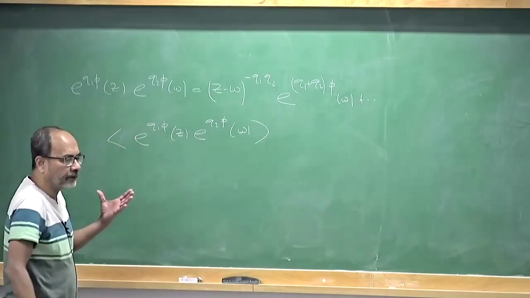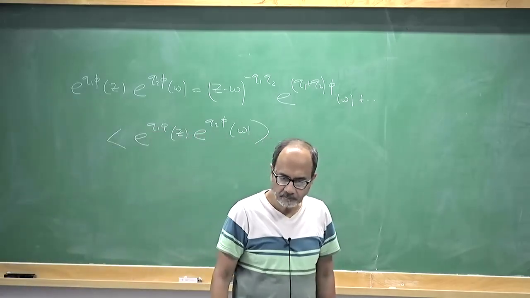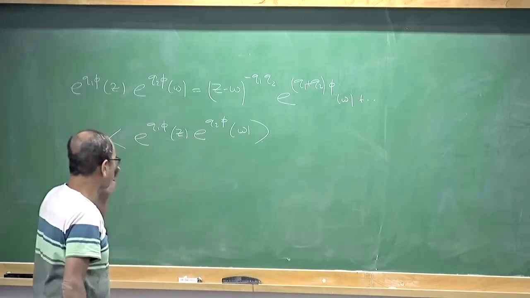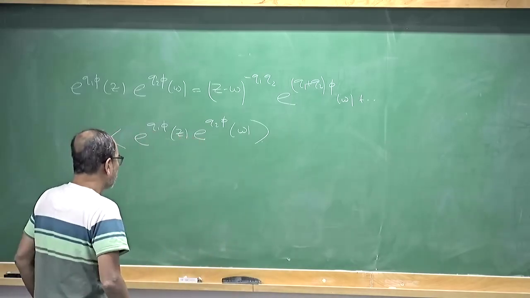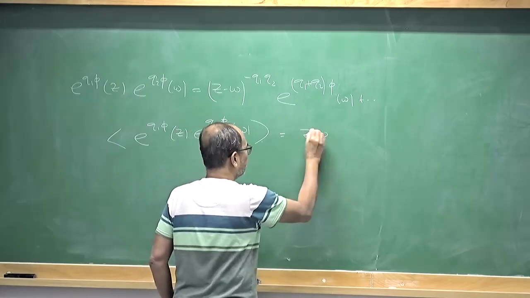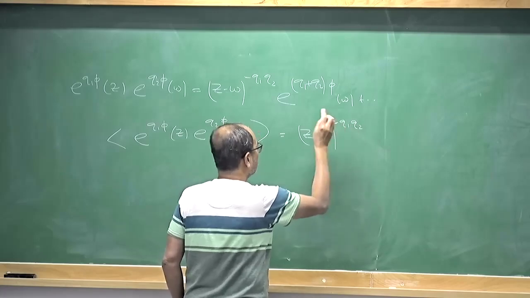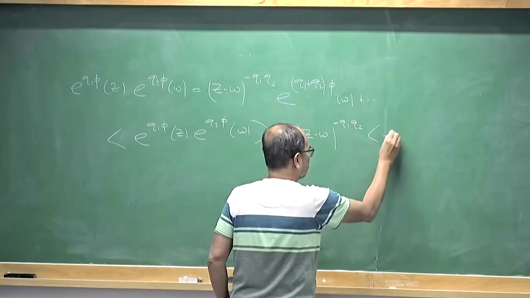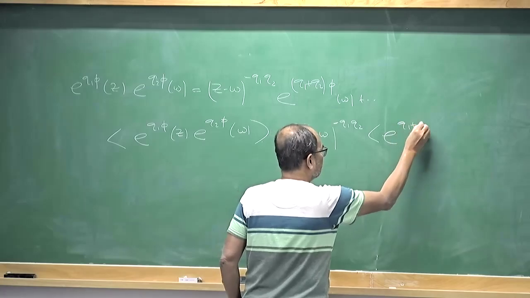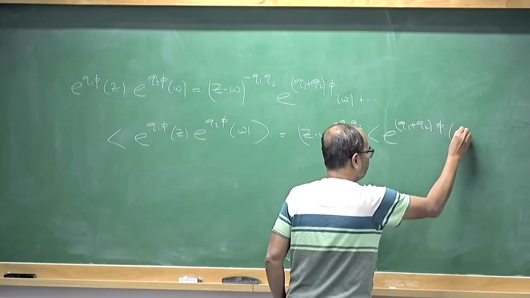Okay, vacuum expectation value always means expectation value in the SL2 invariant vacuum. So this should be given by (z minus w) to the power minus q1 q2 times the expectation value of e to the (q1 plus q2) phi of w.